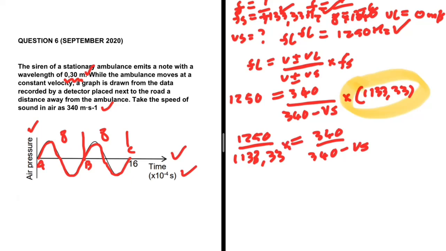Whatever method you really use to solve for VS, there's no issue. We can use different methods, but we will get to the same answer if we don't make an error.